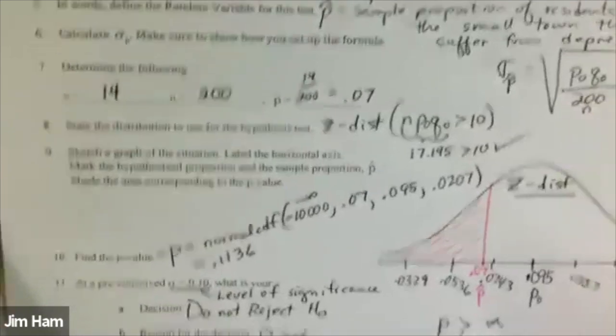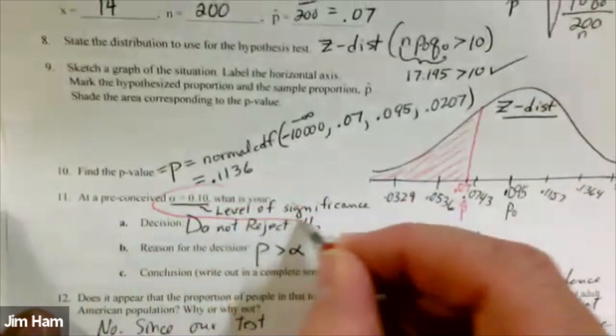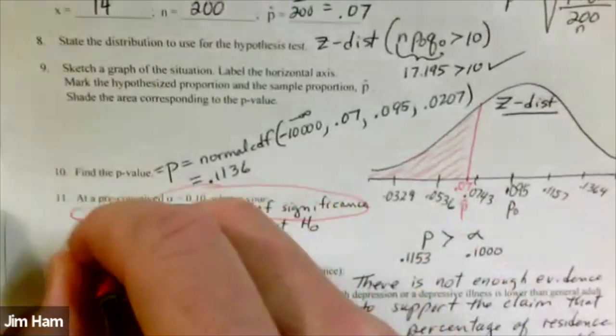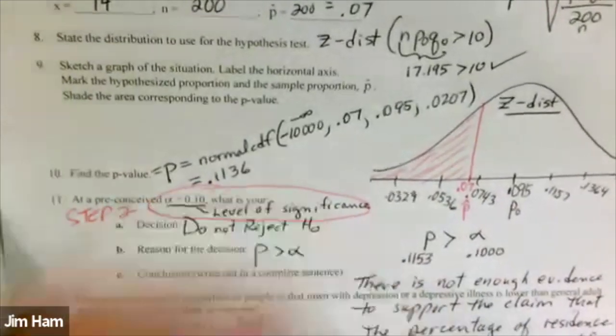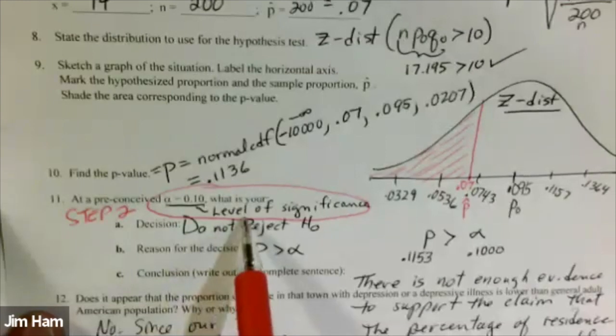Step number 2 is to identify the level of significance. Most times that appears at the beginning of the problem. In this case, they gave it a little bit lower in the problem, number 11. Step 2, identify the level of significance.